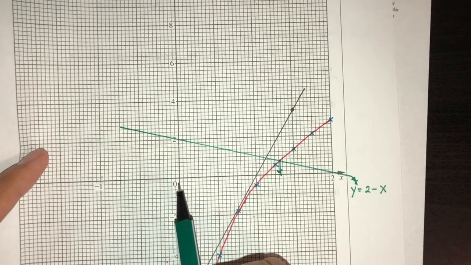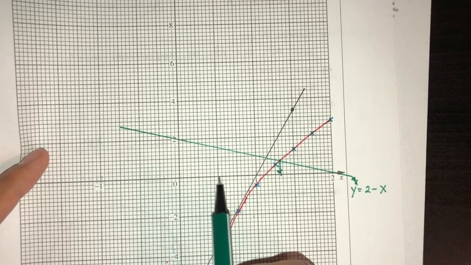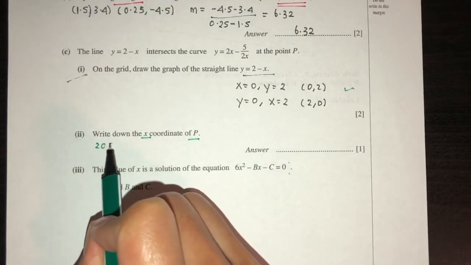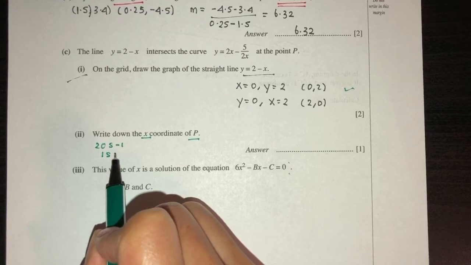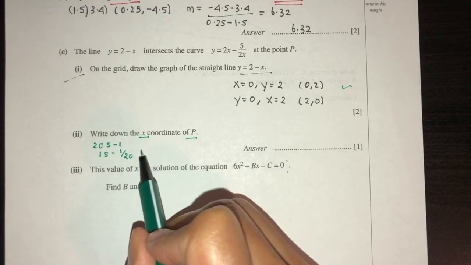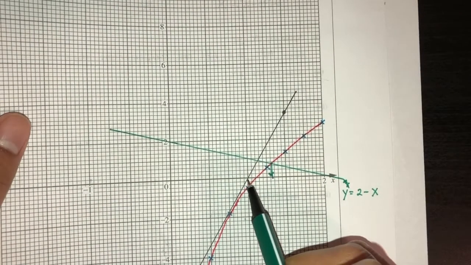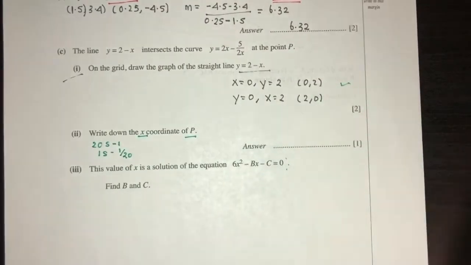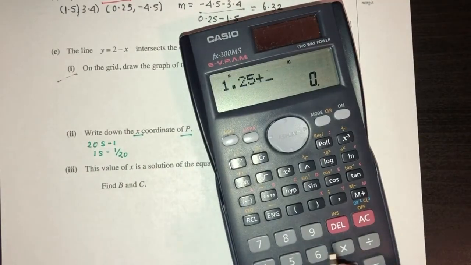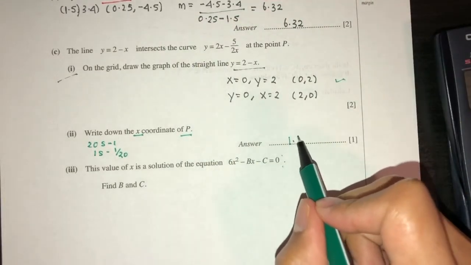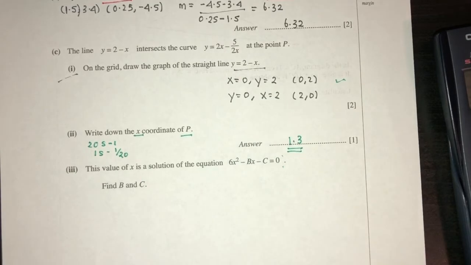Let's see. 20 squares is 1. So 1 square is 1 divided by 20. So the value of P is 1.25 plus 1 over 20. That should be 1.3. x is 1.3, where they meet. Okay, so that is my value.